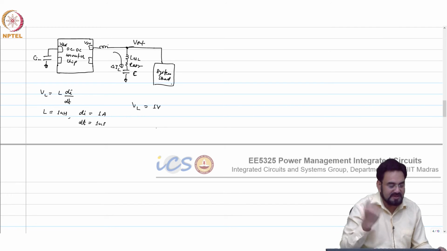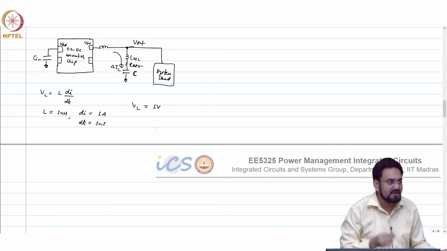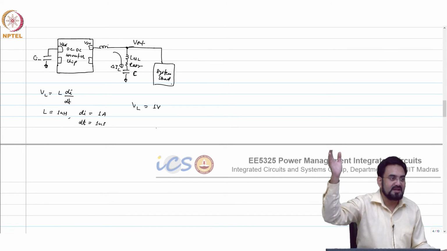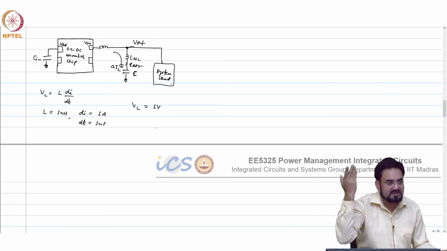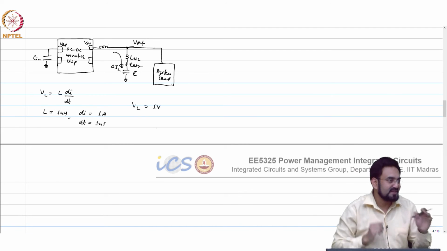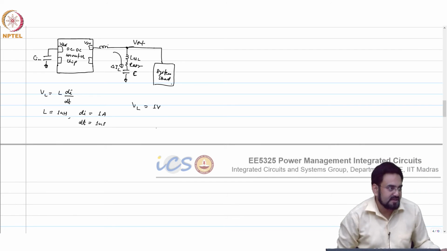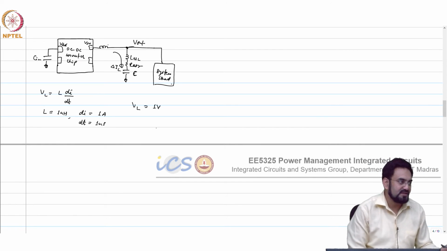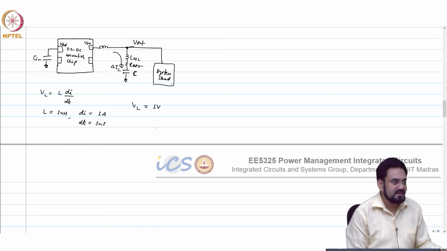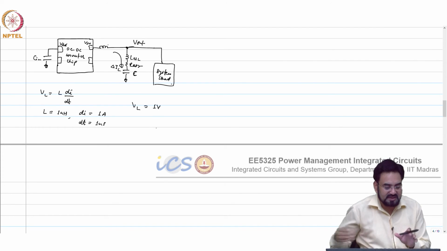A lower voltage may not be a problem from a reliability point of view. In the worst case, your system will not work. But on the higher side, it will cross the breakdown voltages of your devices, and they may break. So that's why this is very important. When you are connecting the capacitor with a large di by dt, you have to make sure that your ESL is very small.